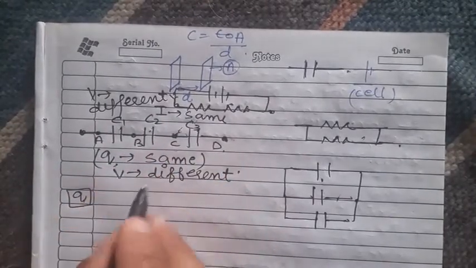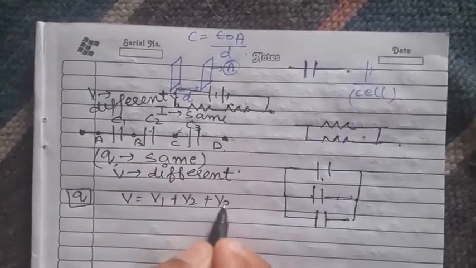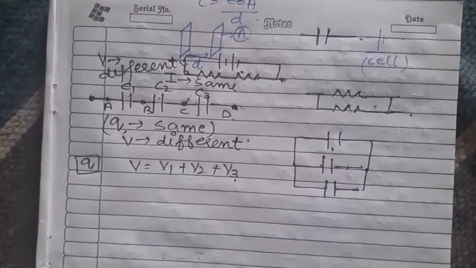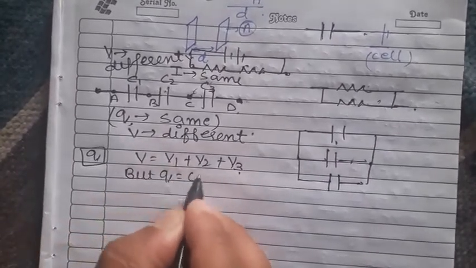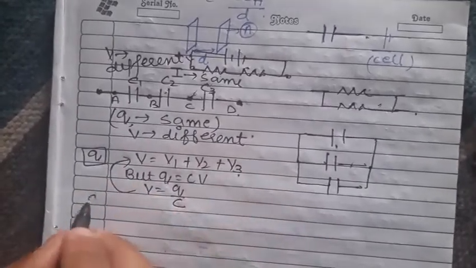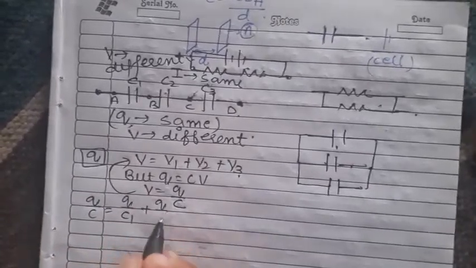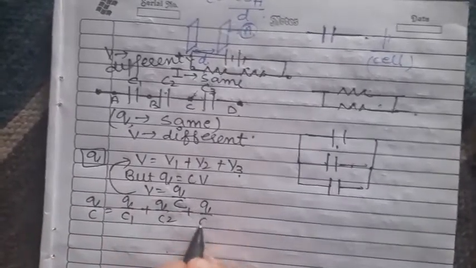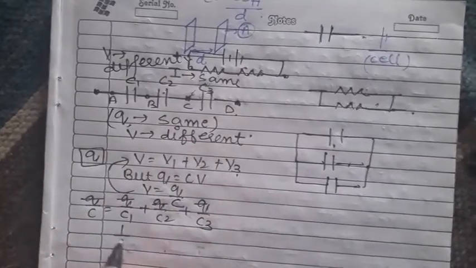Since potential is different, the total potential is the potential across the first, plus the potential across the second, plus the potential across the third. You derived a relation, Q equal to CV, so V will be Q by C. If you put it here, you get Q by C equals Q by C1 plus Q by C2 plus Q by C3. Q cancels out, so 1 by C equals 1 by C1 plus 1 by C2 plus 1 by C3.